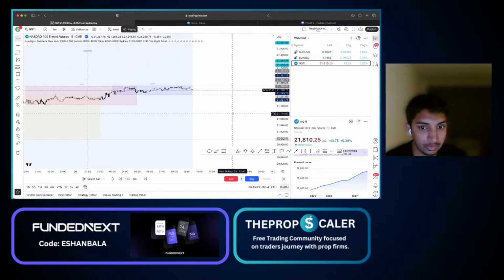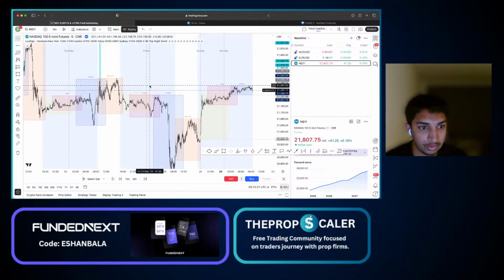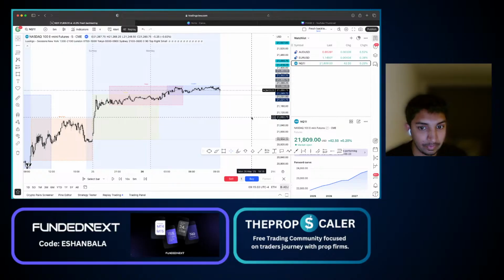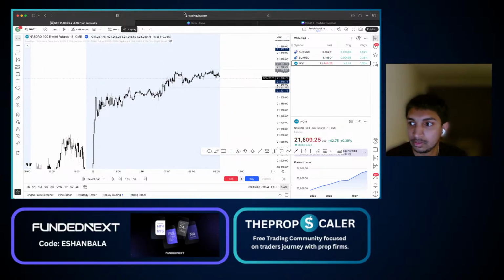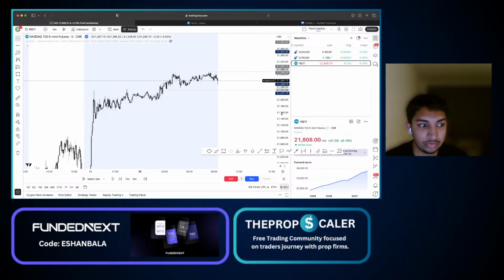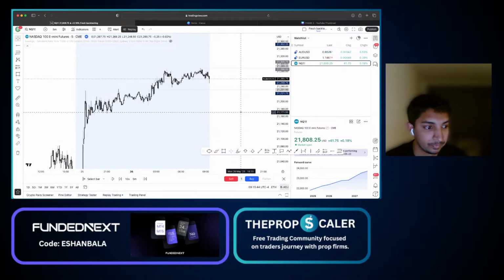Cool. So you got some areas. We'll get rid of the indicator, and we'll see what happens now.